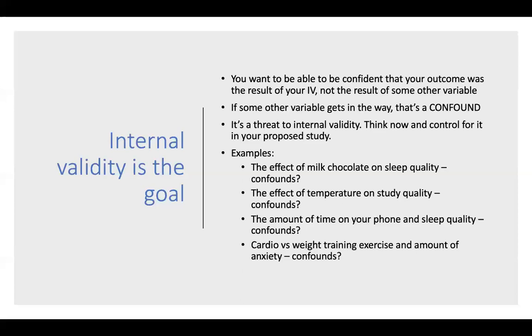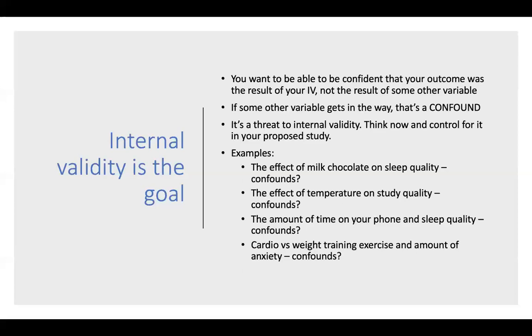The number of Cokes they drink per day would be a confound, and you would have to control for that confound. You can just think about what are the things that affect sleep that are not amount of time on a phone, and then figure out how can I control for those. So do I tell people no Coke when you're in this study? What if people are really kind of addicted? Now they've got these horrible headaches and that's interfering with their sleep.